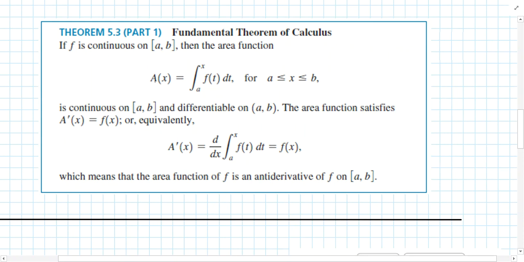And it states that if an area function is written as a definite integral from some fixed starting point to a varying end point of a function with respect to t, they use the letter t here, then it stands to reason that the derivative of the area function, which is the derivative of this integral, simply is that function evaluated at the upper boundary x.